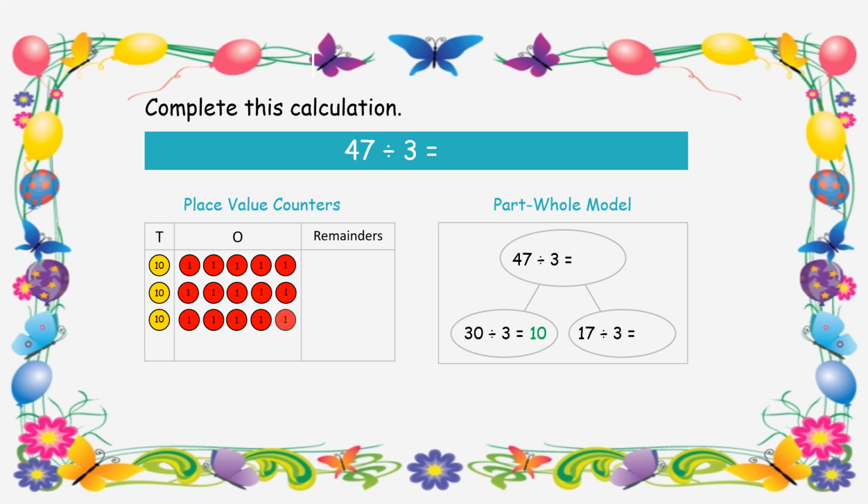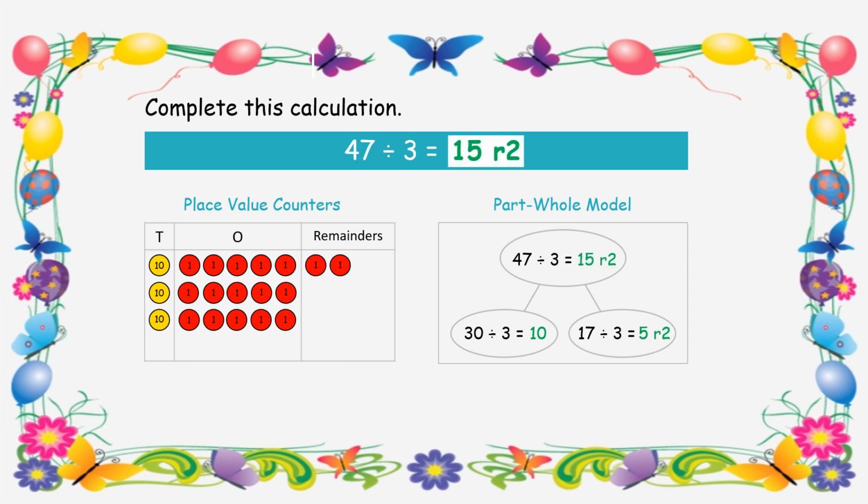And when we share 17 equally amongst the 3 rows, we are going to have 2 remaining. So the 2 goes off to the remainder. So here we have 15 remainder 2.